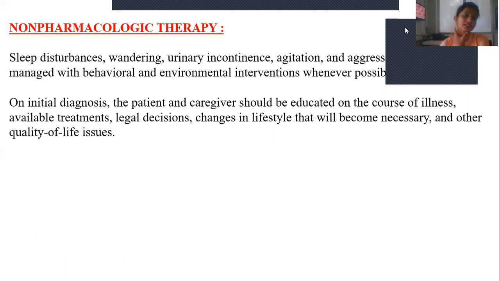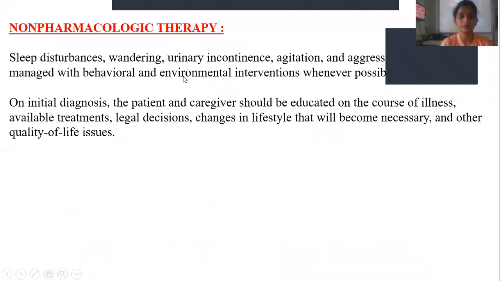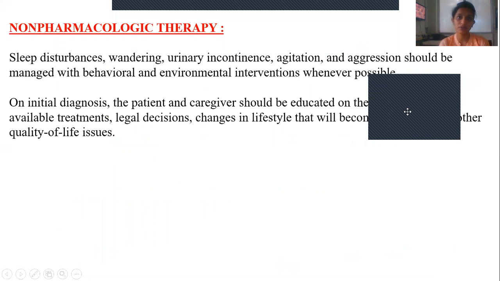Then non-pharmacological therapy includes sleep disturbances. If the patient has symptoms of sleep disturbances, we have to correct that. Wandering, urinary incontinence, that means the patient will be urinating without any consciousness, agitation, aggression.